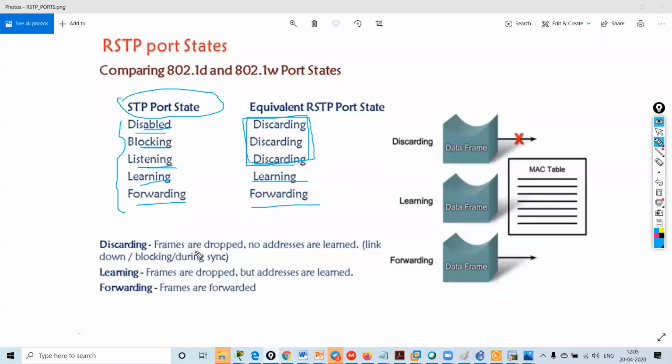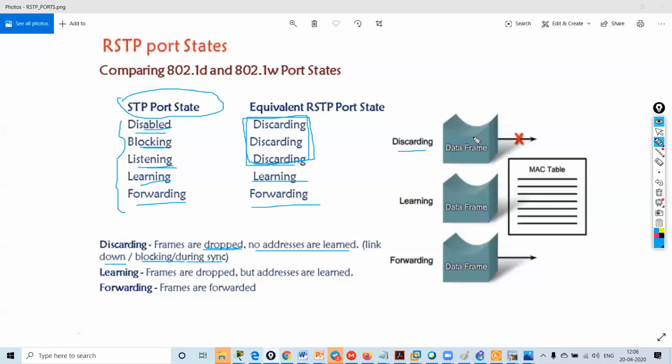What is the discarding state? Frames are dropped and no addresses are learned. It applies to link down and blocking during sync. If the port is in discarding state, any frame that is received is dropped and no MAC address is learned.